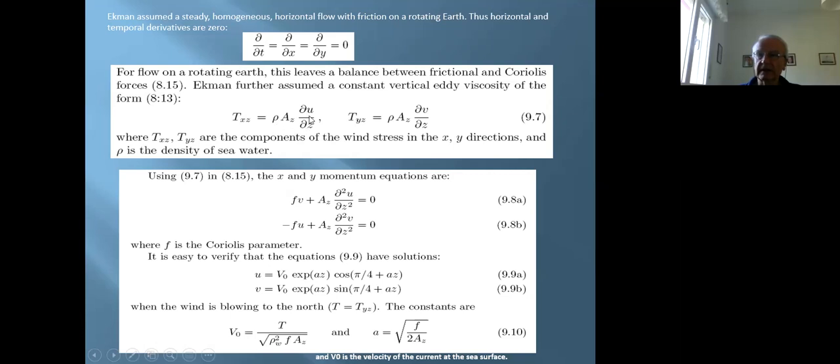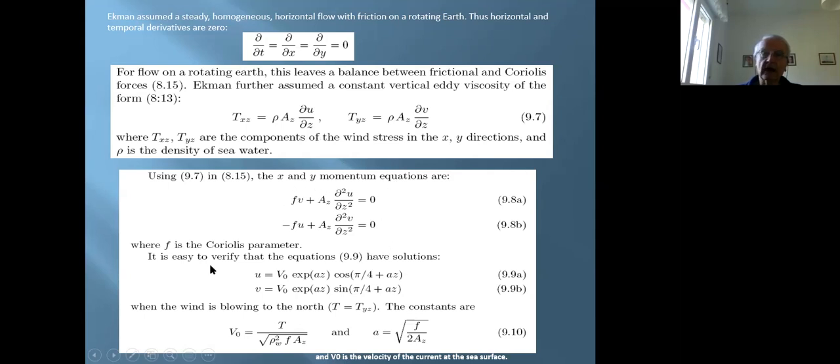So the frictional term is proportional to the vertical gradient of velocities, to the vertical shear.